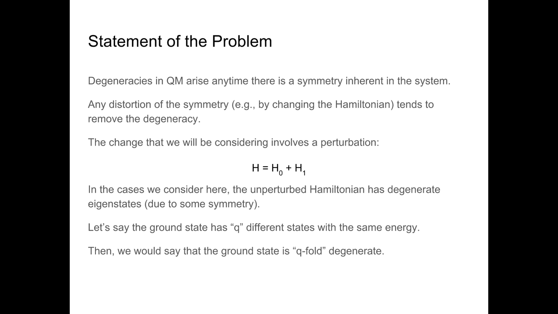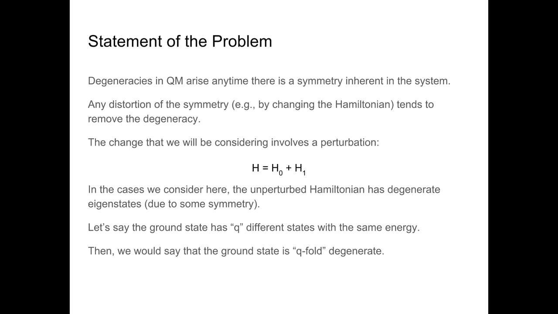The problem arises because of degeneracies, and degeneracies in quantum mechanics arise anytime that there's a symmetry inherent in the system. This is something that you might have seen in the past, in Quantum 1 or maybe in your undergrad quantum. But anytime the Hamiltonian has some symmetry, there's going to be degeneracies, right?